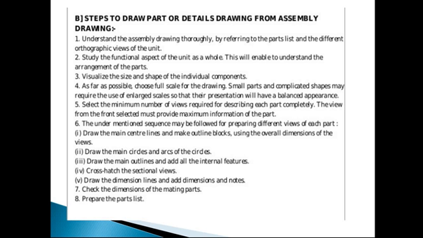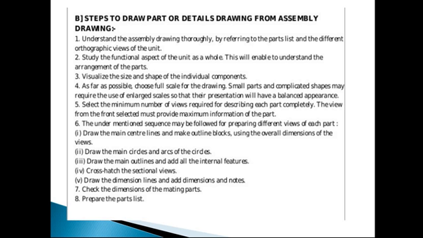The next thing we need to follow: the under-mentioned sequence may be followed for preparing different views of each part. Whatever sequence is given in the part list, try to follow it. Then draw the main center line and mark the outline block using the overall dimensions of the views.